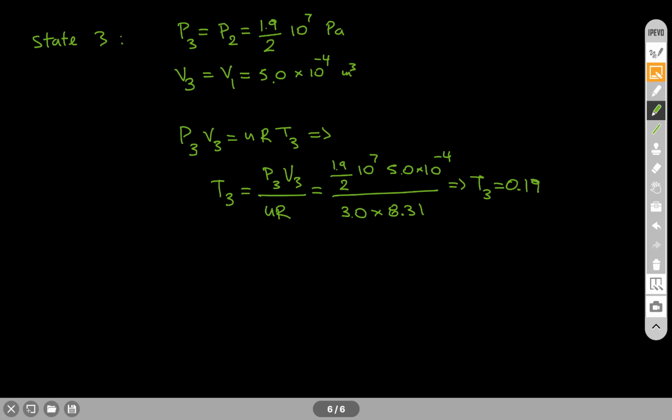Now I'm going to take care of the powers of 10. I have 10 to the 7, 10 to minus 4. So this will give me 10 to the power of 3. And this means that the final temperature, the temperature in state 3, is 190 degrees Kelvin. Okay, that's how I prefer to do the calculations.